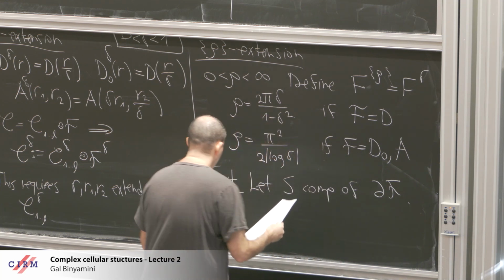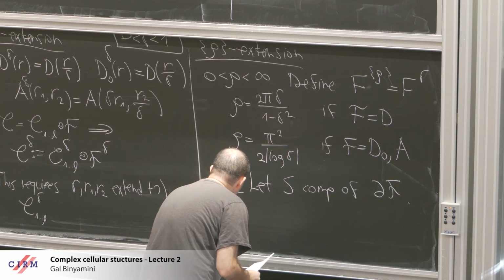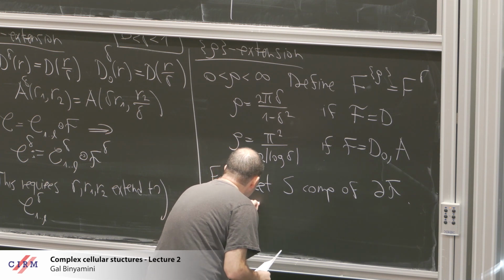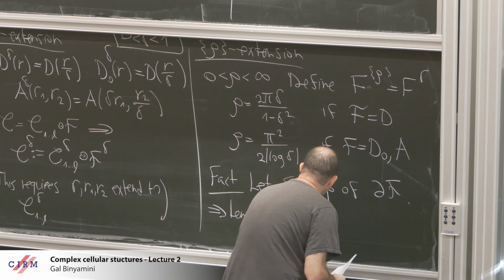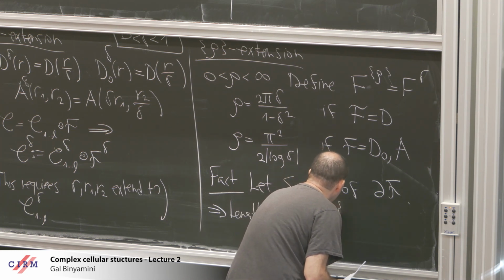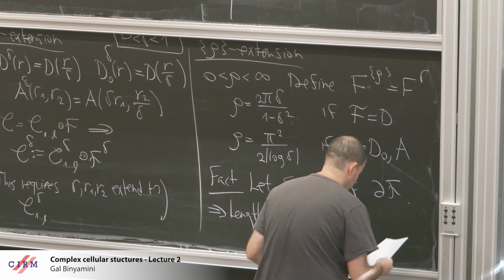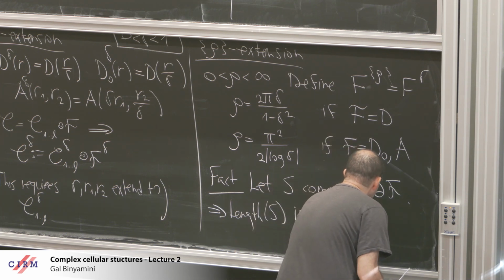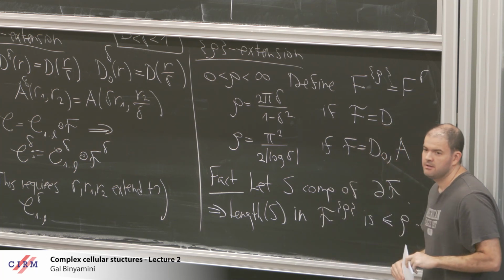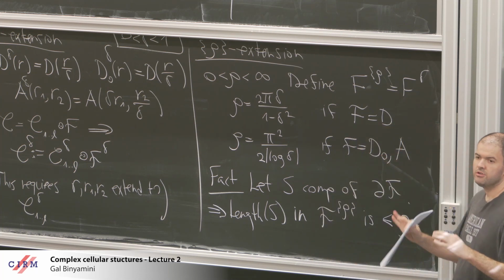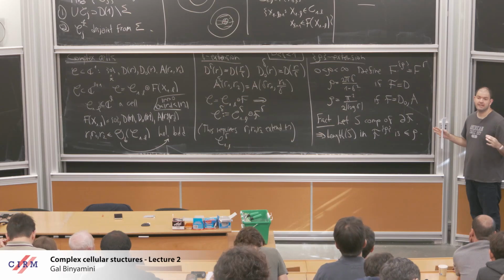And the claim is that the length of S in the F rho extension is less than or equal to rho. Okay, so in these complexes, we are always going to consider a cell inside the extension.